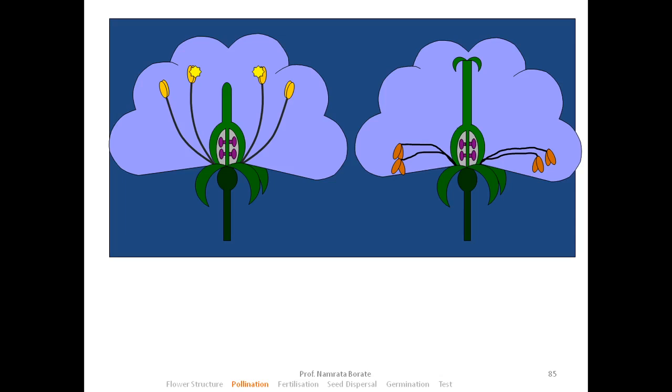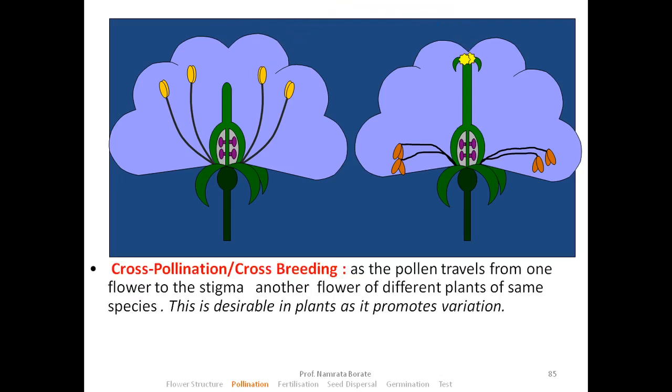Means cross-pollination involves two flowers. It is also called cross-breeding. So in cross-pollination, variations occur.